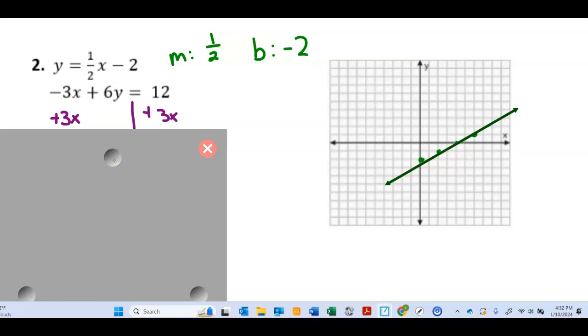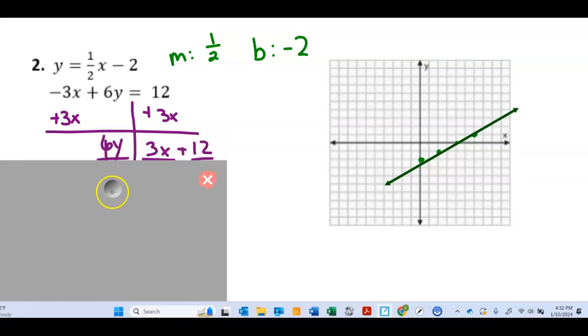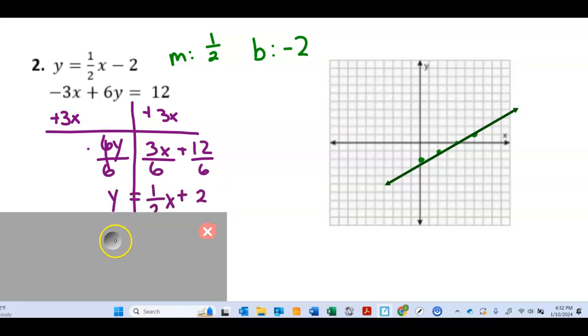So add 3x to both sides. Can I add 3x and 12? Nope, they're not like terms, so I get 6y equals 3x plus 12. Now I have to get rid of my 6, so I'm going to divide both sides by 6, on all three places. And so I'm going to end up with y equals 1/2 x plus 2.